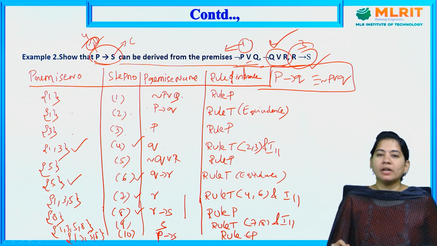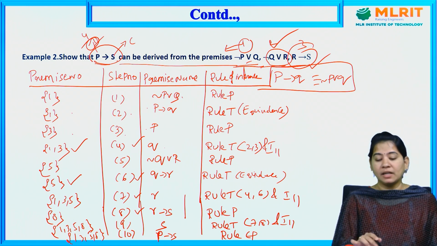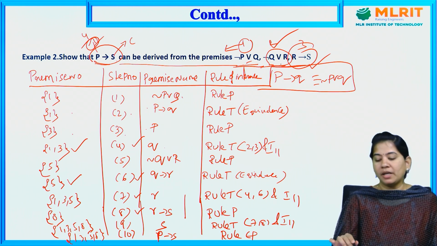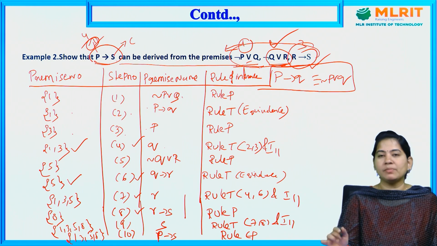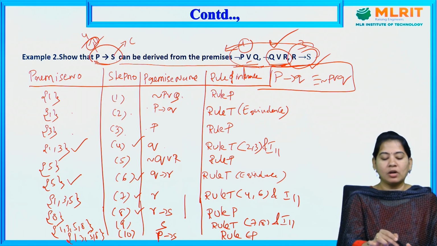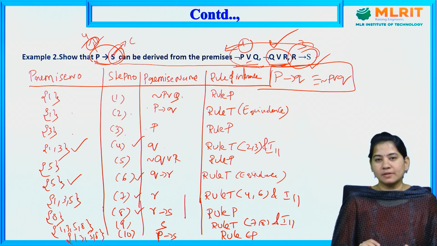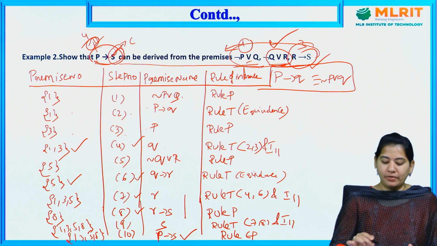So if we observe, the question is show that P implies S can be derived from the premises negation P or Q, negation Q or R, and R implies S. Along with these three premises, we have included P as an additional premise and solve until we get S. So at last, as usual, the given conclusion, whatever they have given, we have to include here.